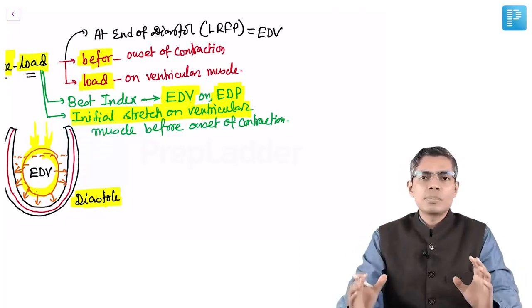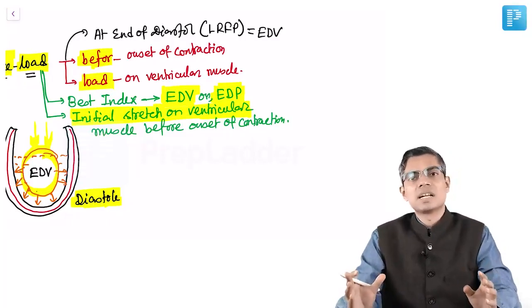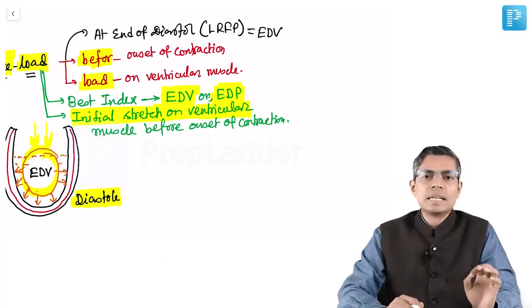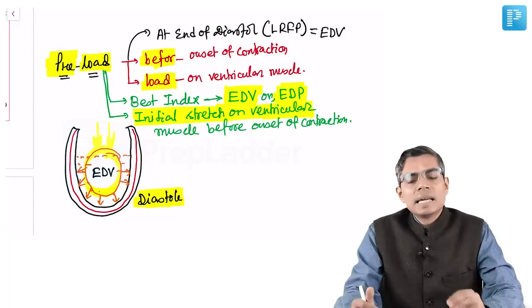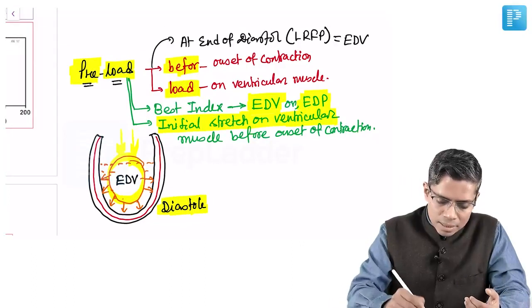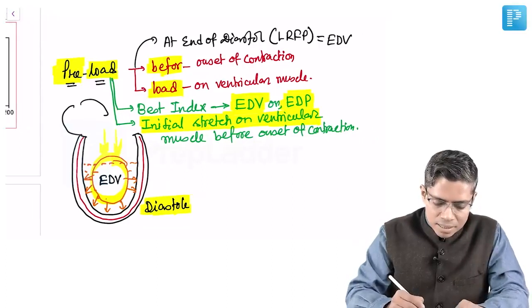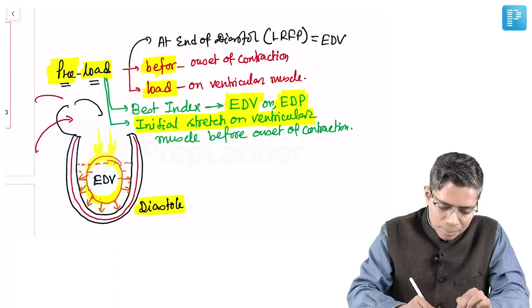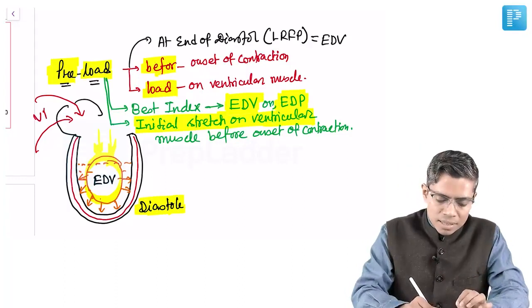So the main thing is that preload means it is the diastolic load. At the end of diastole, what is the tension in the ventricular wall, and that is equal to end diastolic volume. Now I am asking myself again, end diastolic volume depends on which parameter? Very simple, this ventricle is connected with the atrium. Whatever blood is returning at the level of this atrium through the superior vena cava and inferior vena cava, that is known as the venous return.